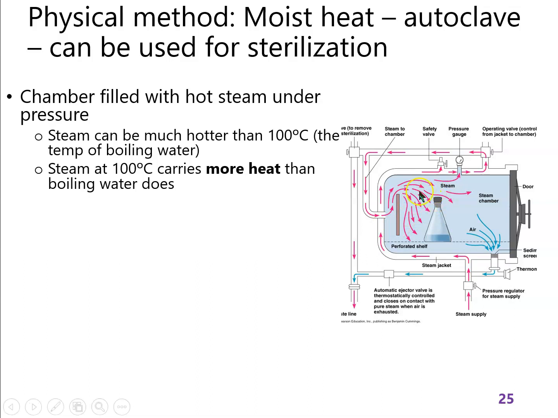And what this means is that you can heat up water way past 100 degrees Celsius because you keep it under such high pressure it won't boil. And the other thing about it is, under that pressure, you can achieve really high temperatures that carry a lot of heat. So moist air or steam holds a lot more heat than dry air does.